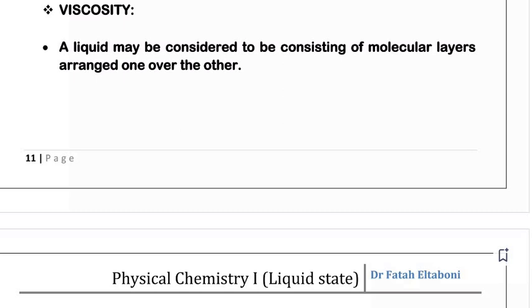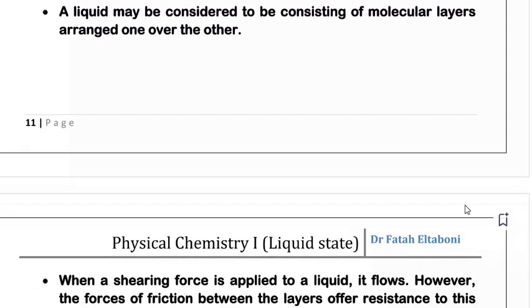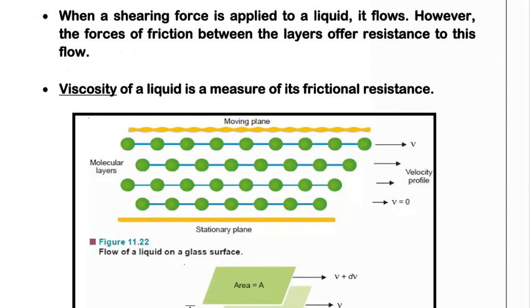So molecular layers are arranged one over the other, and that is a very important point you have to understand. Now, when a shearing force is applied to a liquid, it flows.